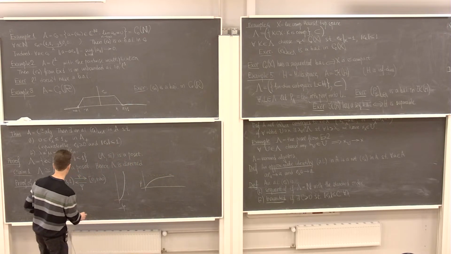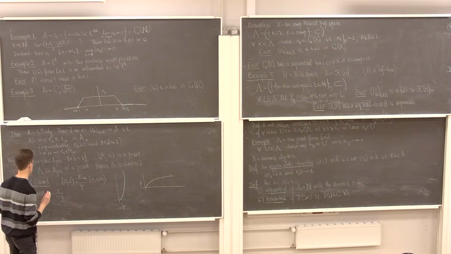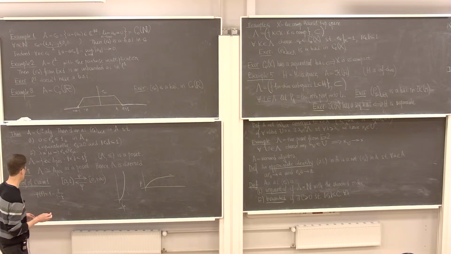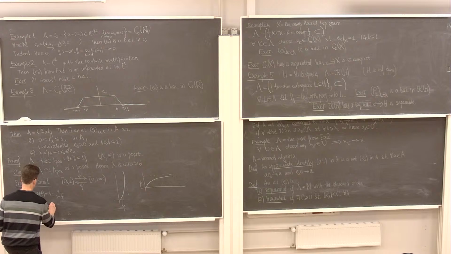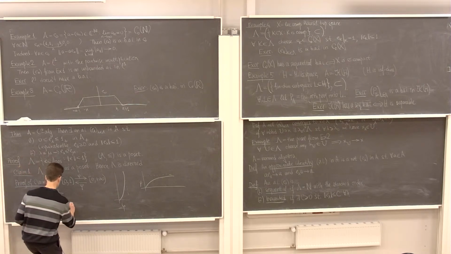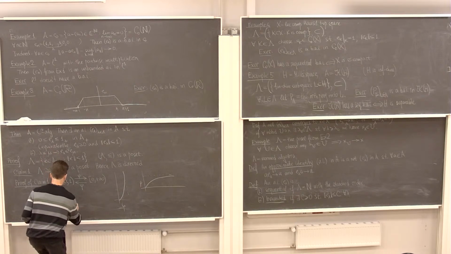So explicitly, phi of t is 1 minus 1 over 1 minus t. Yes, it takes 0 to 0, so this is correct. And psi is the inverse function, and it is given by 1 over 1 plus s.